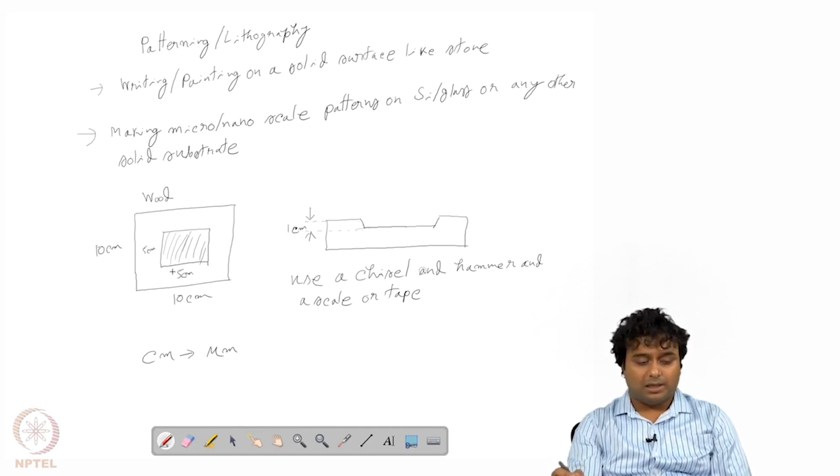Now, how can we do that? Can we use this wood, can we use this chisel and hammer? No, because the chisel and hammer are both much larger than the dimension we need, and another thing is that we can't even see 5 micron. So, forget about making the marking using a scale, right.